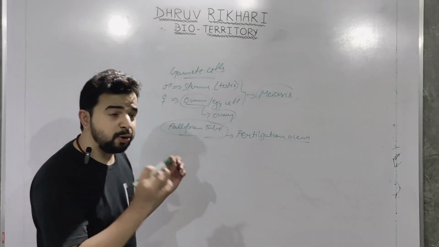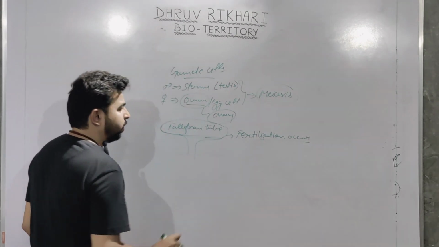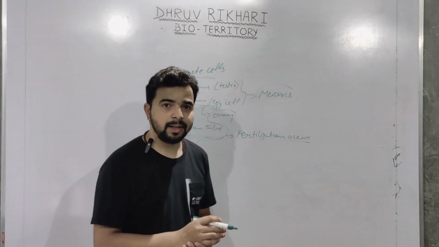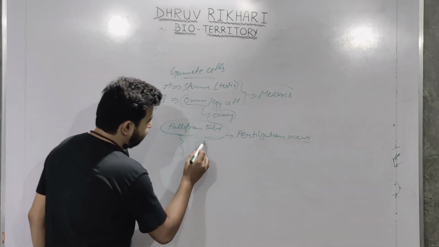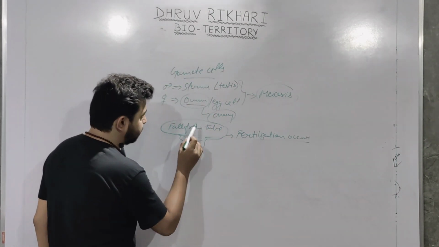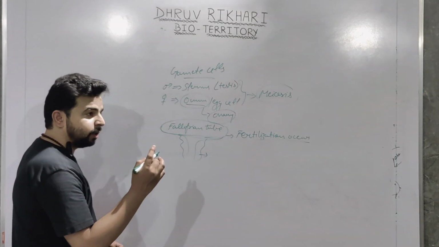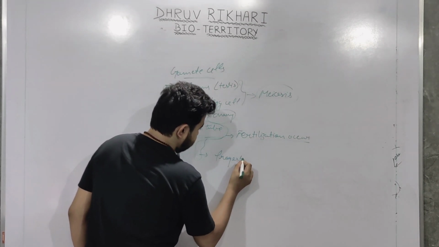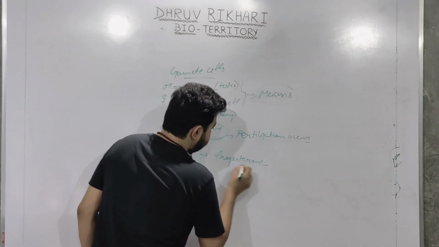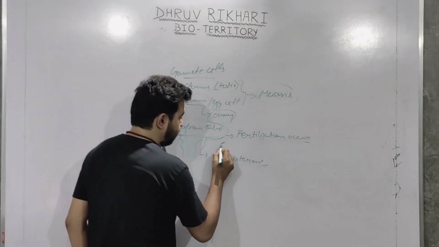Now suppose this ovum does not get the sperm to get fertilized. So along with the endometrium lining, this will come under the menstrual process. The endometrium lining will break along with this ovum. Here the secretion of progesterone takes place. So in female there are actually two hormones which are secreted.